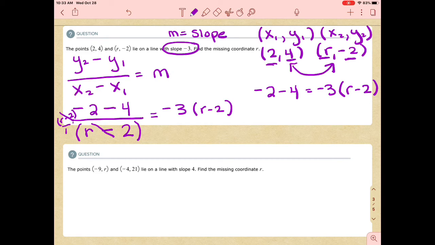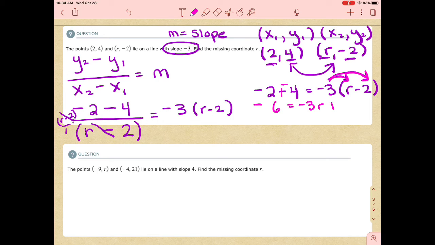So I'm going to use the distributive property to get rid of these parentheses. Let's go ahead and combine -2 minus 4. Remember that that is actually plus a negative. So I have -6 equals -3 times r, and then -3 times -2.